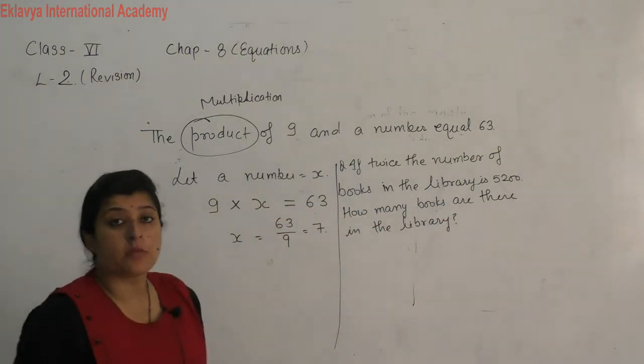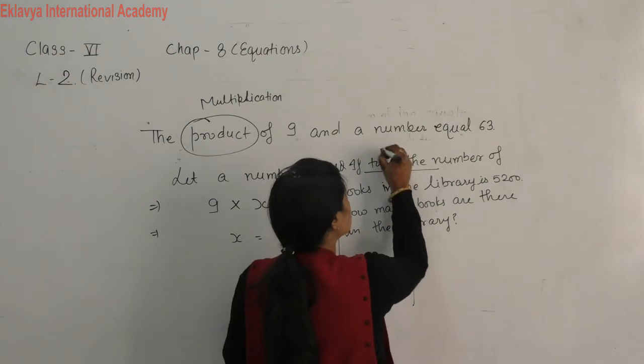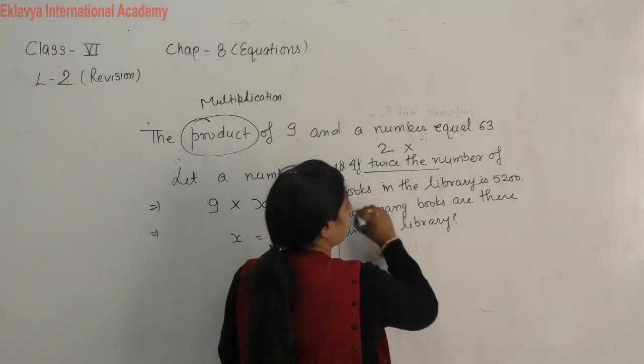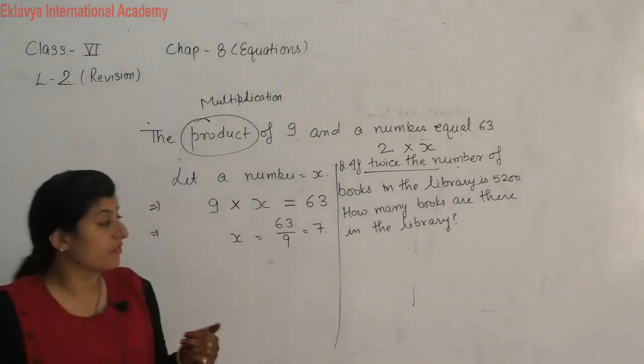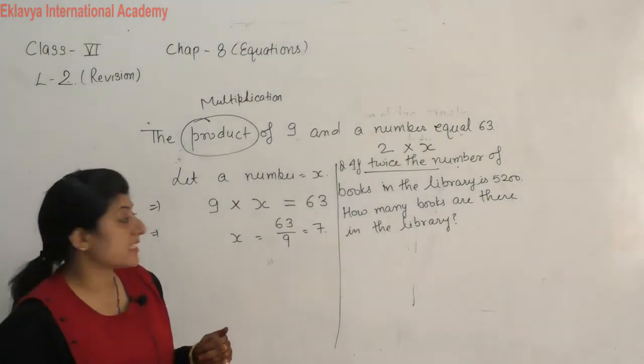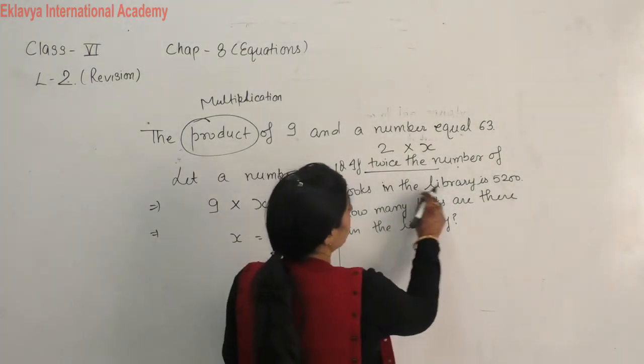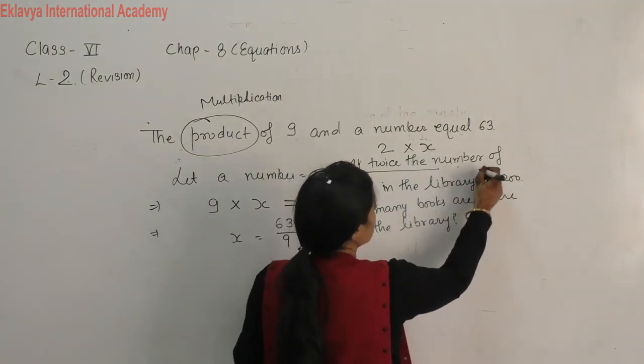Twice the number of books. Twice का means to multiply. Number, we don't know the number, so we take let the number of books be x. Twice the number of books in the library is, means equal sign.